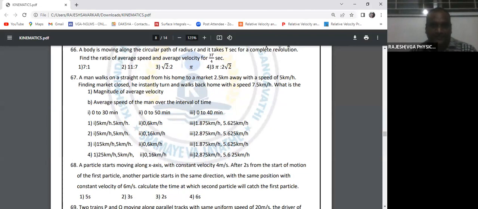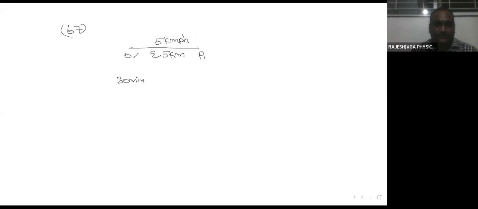First, we have to find where he ends up. He is starting from his home, going from O to A at 5 kilometers per hour. The distance is 2.5 kilometers. So what is the time to go from O to A?